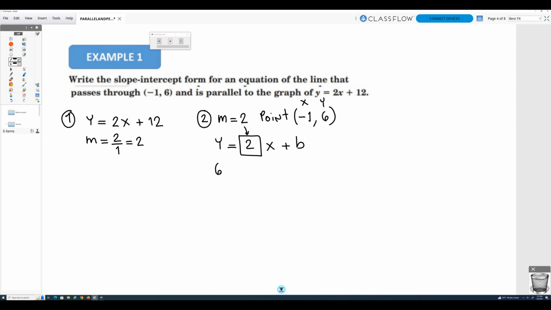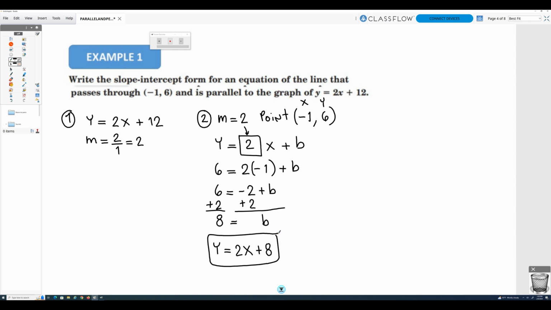Now we will use the x and y of the given point to solve for b. The lines 1 and 2 are parallel lines.